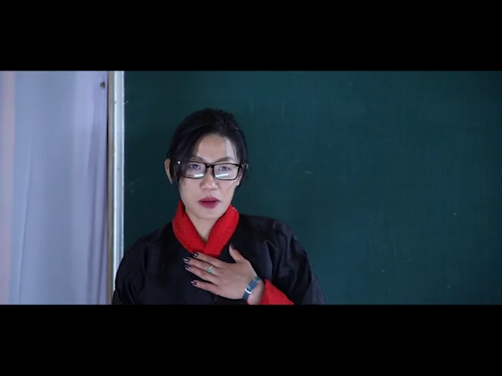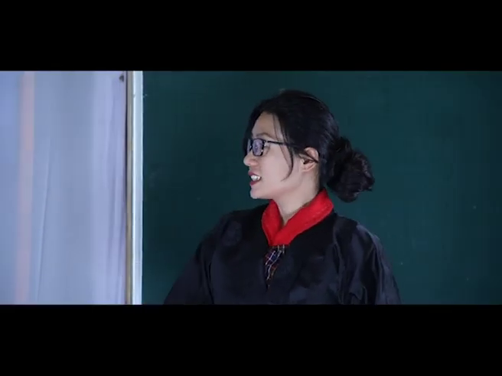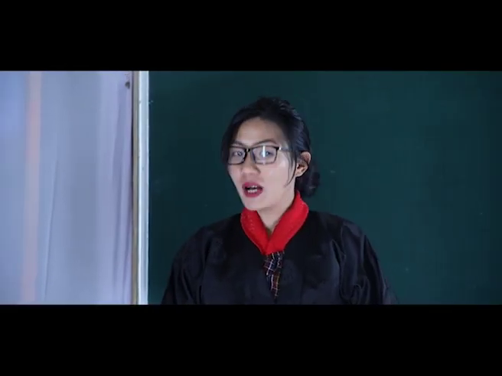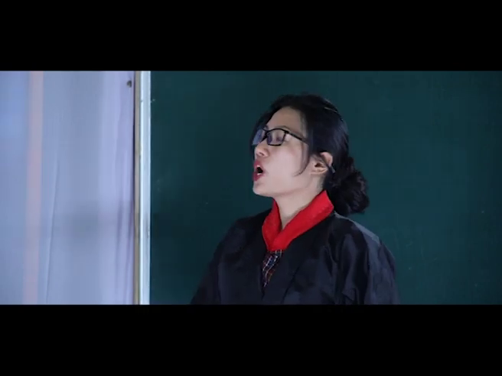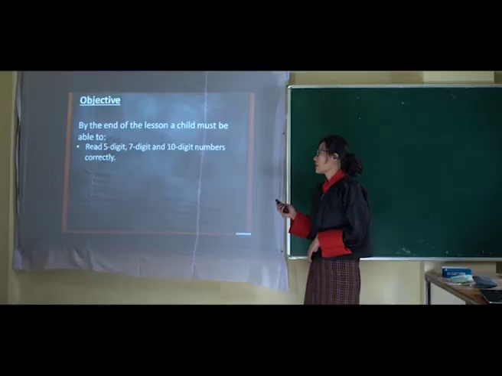I am Nobuzam and this is a mathematics lesson on place value of large whole numbers for Key Stage 2, classes 4 to 6. By the end of the lesson, each of you must be able to read 5-digit, 7-digit and 10-digit numbers correctly.